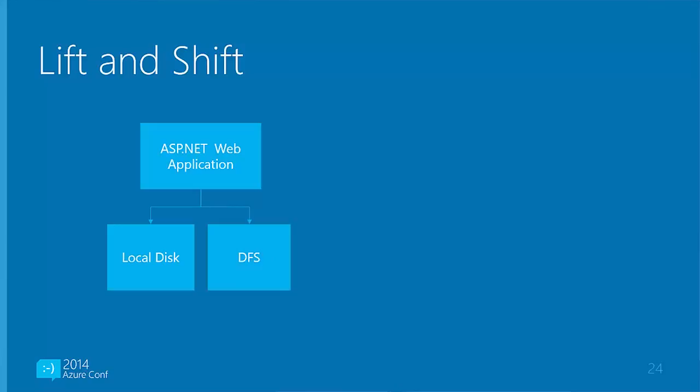What we'll do is simply take that application and migrate it to an Azure virtual machine, and have it point to Azure Files. This will allow us to deploy this application in a highly available setup where the application is deployed over multiple virtual machines pointing to the same Azure file share.